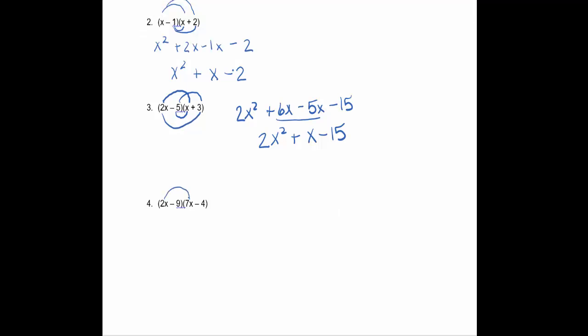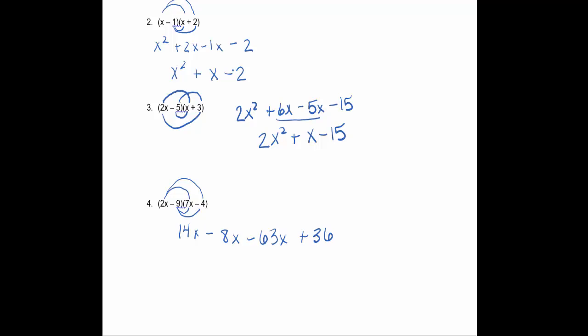First term in each parenthesis, 2x times 7x is 14x. The outside terms, 2x times negative 4 is negative 8x. Inside terms, negative 9 times 7 is negative 63x. And negative 9 times negative 4 for the last term in each parenthesis would be a positive 36.